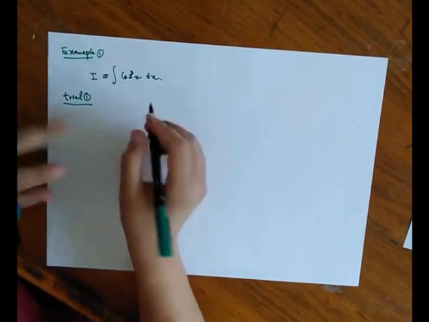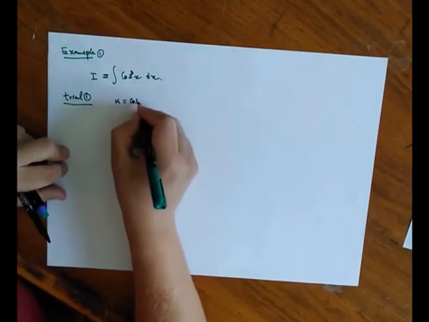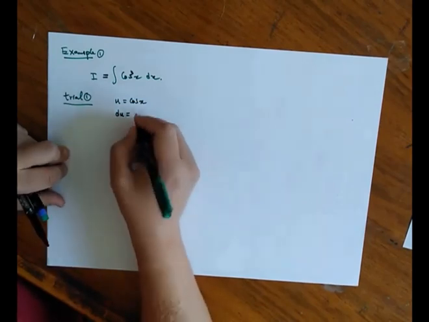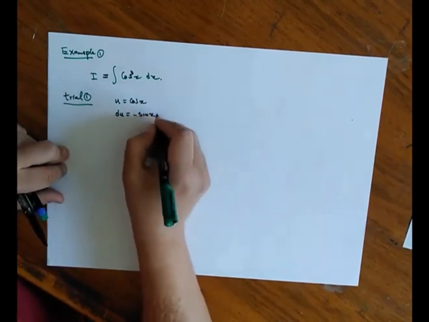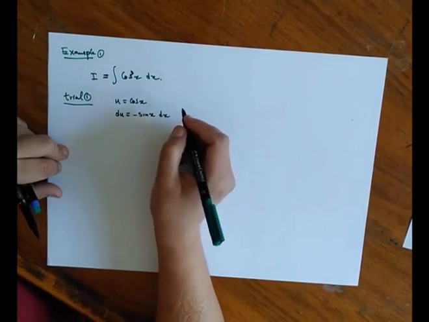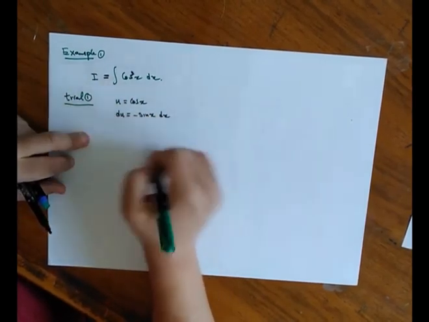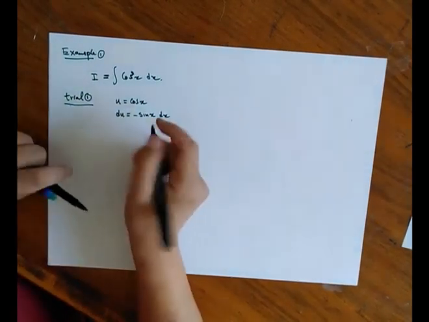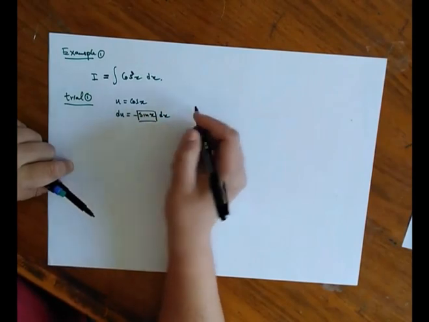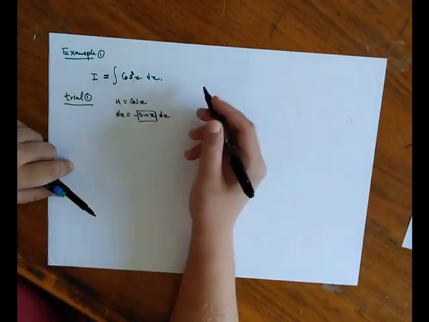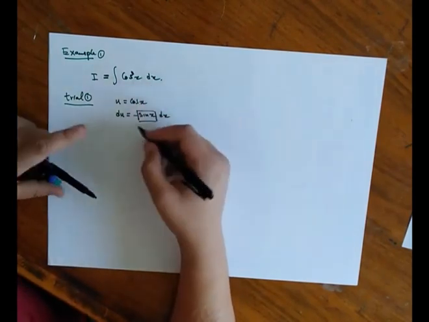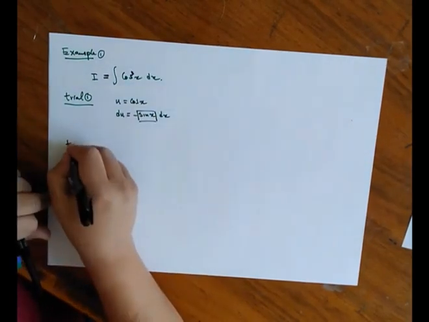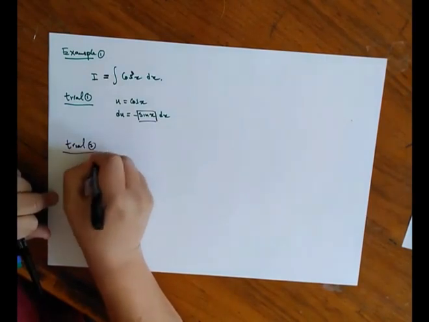Maybe you can think that you could use the substitution u equals cosine x, but when you take the differential of u, you will get negative sine x dx. So unfortunately, to use this substitution, you have to have an extra sine factor here, which is not here. So I think it will make it more complicated. So we cannot use this substitution, but maybe we can try another way.